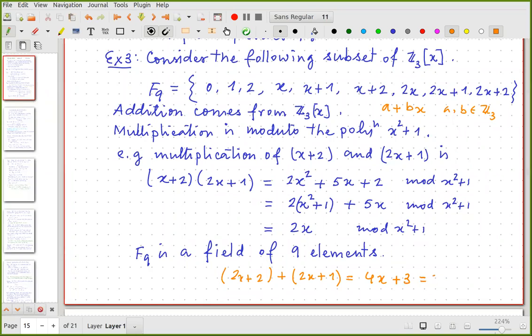So this is the same as x, because the constant term vanishes as it is divisible by 3. So you are left with x.